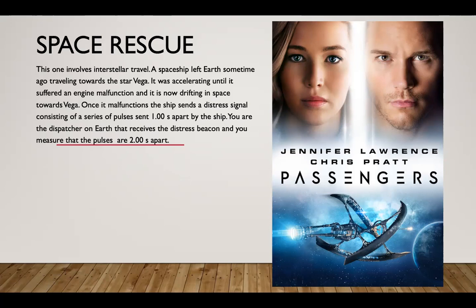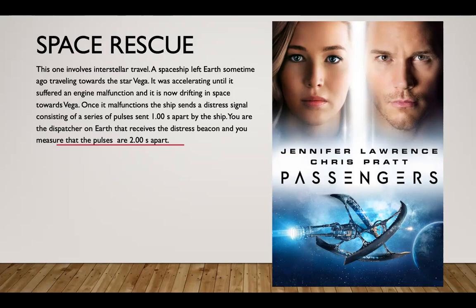So then Chris Pratt wakes up for some reason. They were all sleeping because they're going to travel for many, many years. Chris Pratt wakes up, realizes he's the only one awake and he cannot get back into his hibernation chamber, and then gets a message of when they could get rescued. So that's how the movie goes.